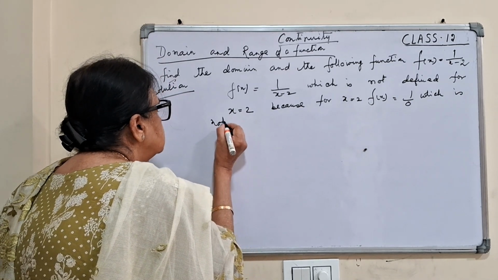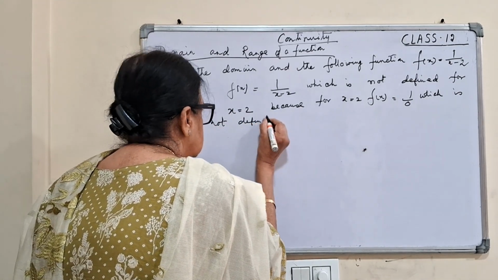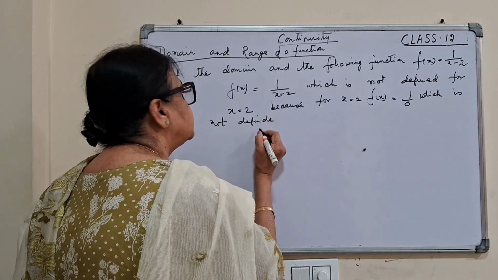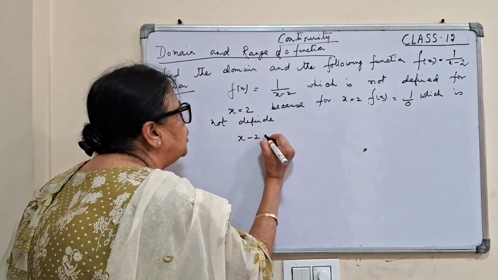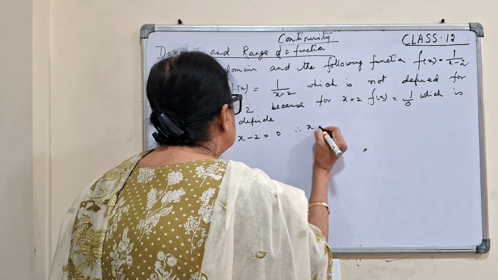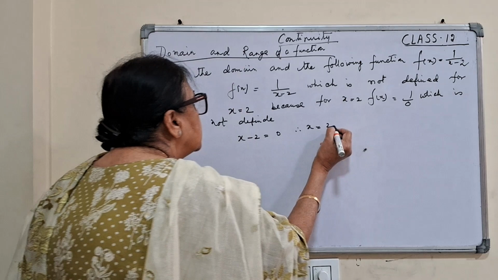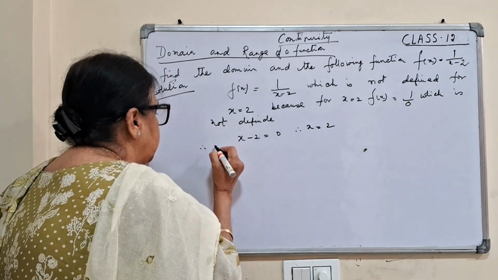How do you get x equal to 2? We write x minus 2 equal to 0, therefore x equals 2. Therefore, what is the domain?